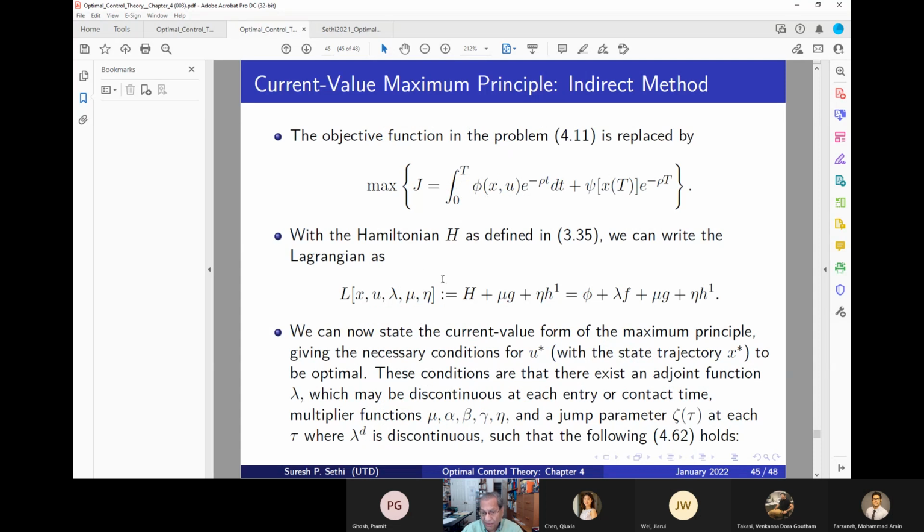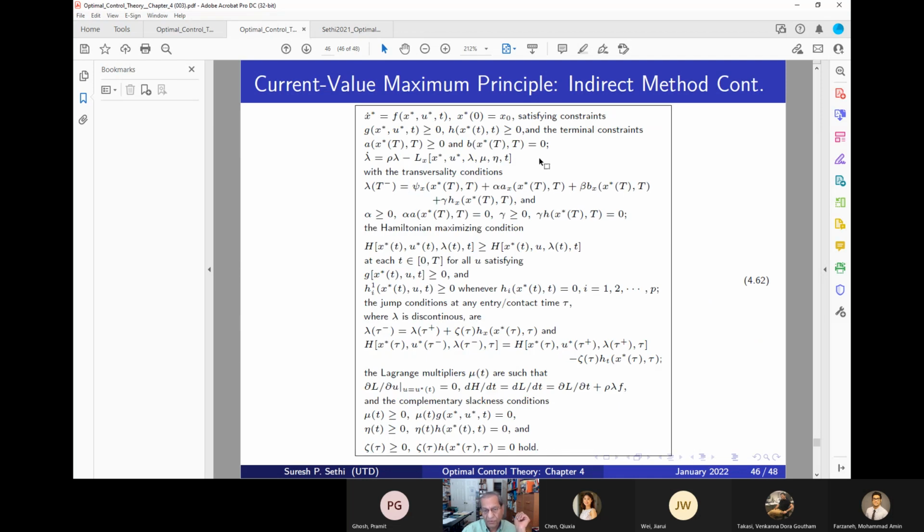Basically, one lambda is related to the other lambda by the e to the rho t term, because this is the current value lambda, and the present value lambda, and current value lambda is e to the rho t times the present value lambda. And so you can just transform the whole setting to the new setting, and the new setting gives you a maximum principle.